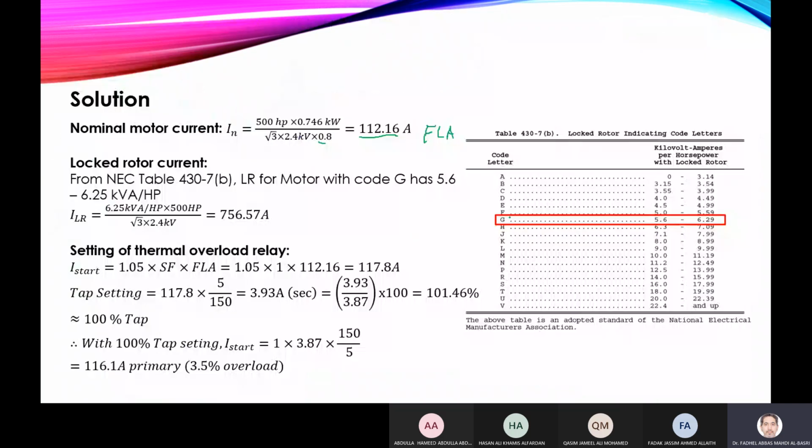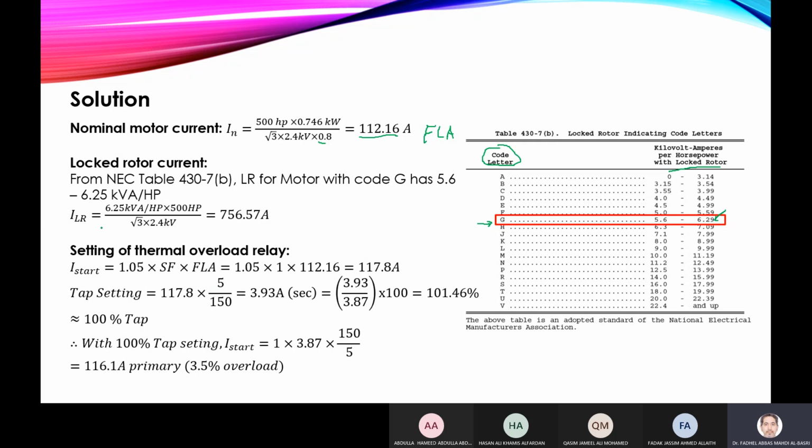This is the standard for the code letter for the motor and the range of kilovolt ampere per horsepower at locked rotor current. For class G, the locked rotor kilovolt ampere per 1 horsepower is from 5.6 to 6.29. So I took the worst value, the highest value, to get the highest locked rotor current.